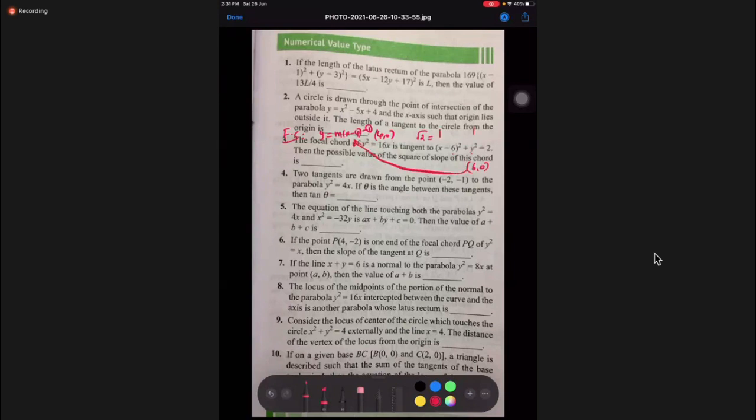Making it into standard form, mx minus y minus 4m equal to 0. If I substitute 6m and y0, minus 4m divided by root of 1 plus m square, then on squaring you will get m.